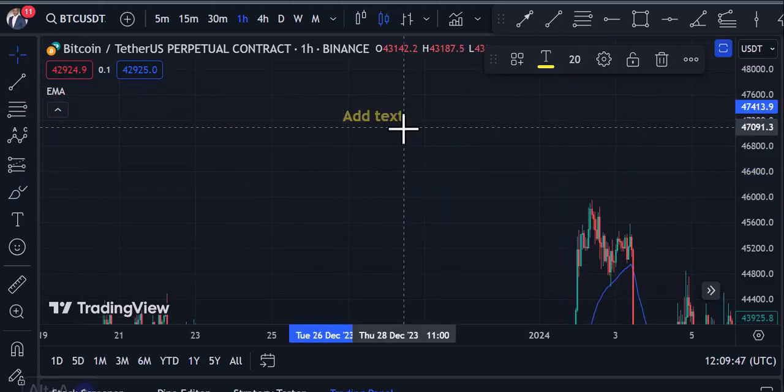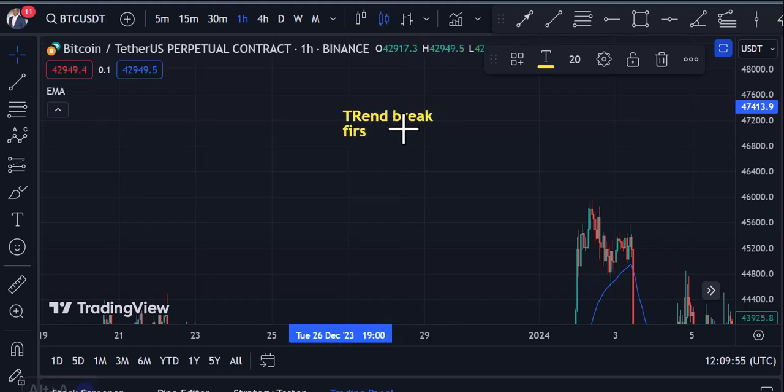First, you need to identify the trend break, first impulse, pattern, then trend break, entry, target. So: first trend break, first impulse, pattern, entry and target.